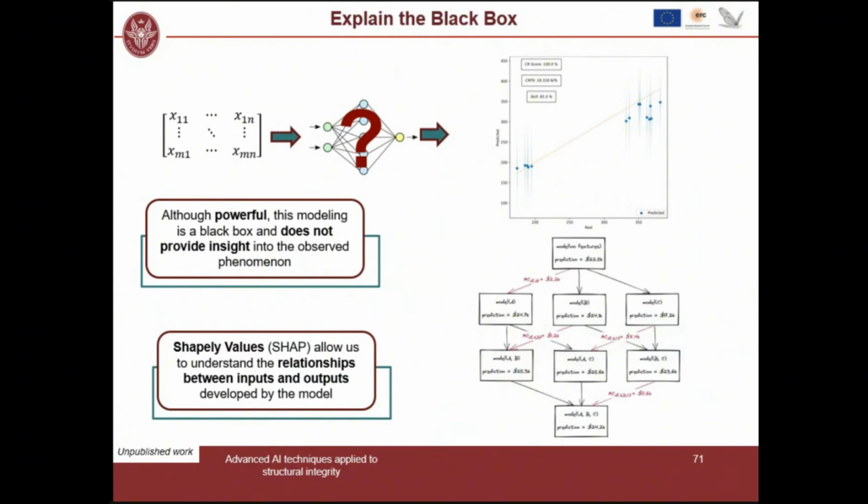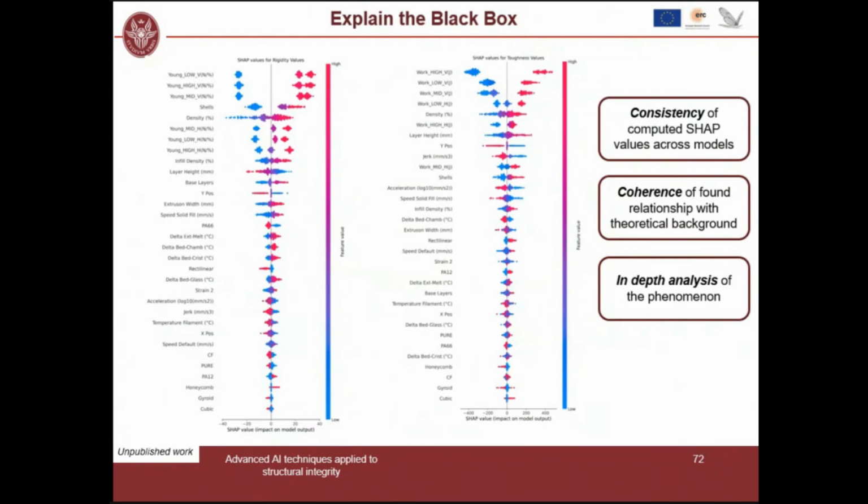So essentially, at the end of this process, you will have a grasp on how varying one parameter affects your prediction. In this case, how varying print parameters will affect the final mechanical properties of your specimen. And here are the complete Shapley values for rigidity. I don't know why, but it's very blurred.